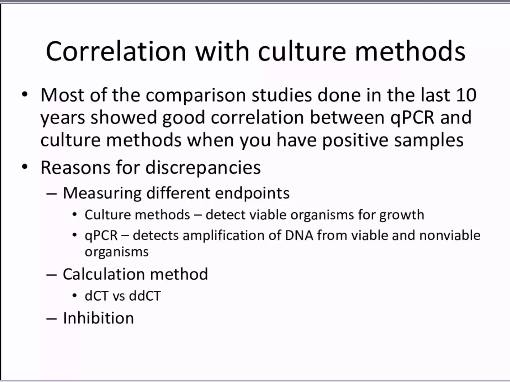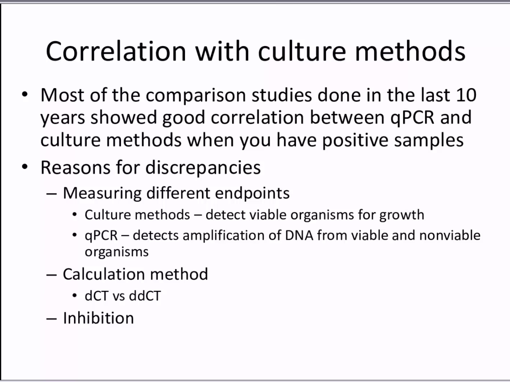And some reasons for the discrepancies: when you're looking at qPCR results, it tends to overestimate. One of the reasons is you're measuring different endpoints. The culture methods detect viable organisms for growth, and your qPCR detects amplification of DNA from viable and non-viable organisms. Another reason for maybe overestimation by qPCR is the calculation method.